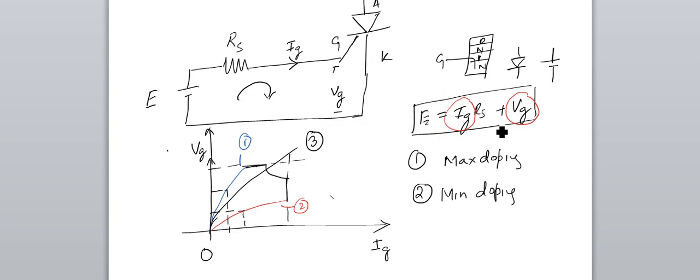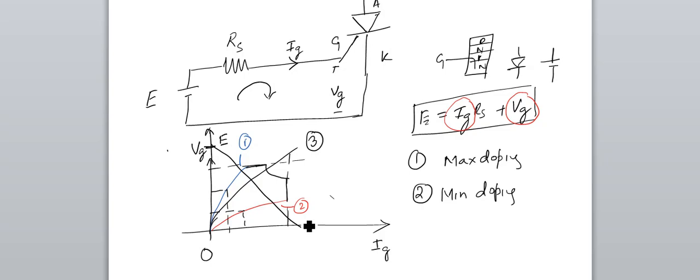I hope you can check this from the graph. So this graph is nothing but a line like this. This is the maximum voltage, and that is E.